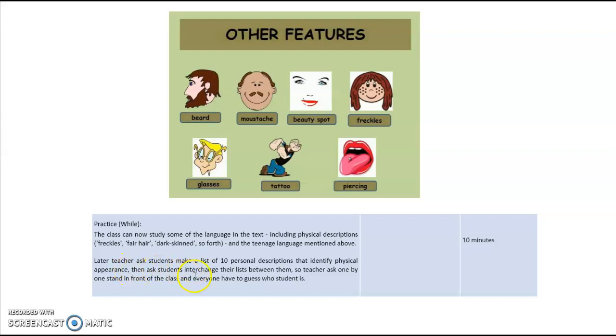Then, as students interchange the lists between them, the teacher asks them one by one to stand in front of the class, and everyone has to guess who the student is. That activity is around 10 minutes.